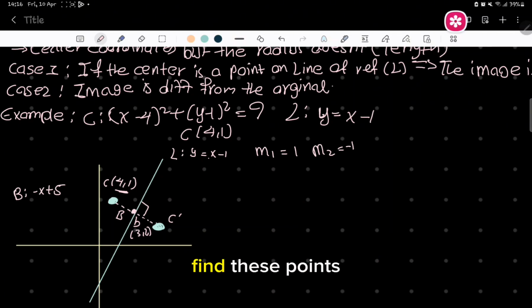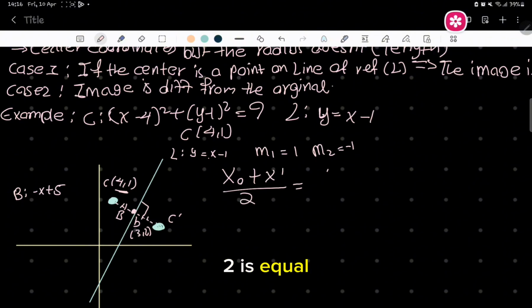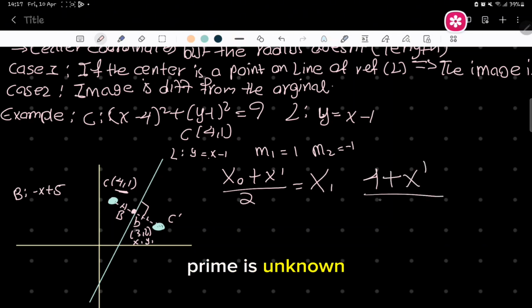Once we find this point, our next step is to find the point C prime. As you know, b is the midpoint, so we plug it into these equations: x naught plus x1 over 2 is equal to x of b. Here we have 4 plus x prime, which is unknown, over 2, which equals 3, which is known.